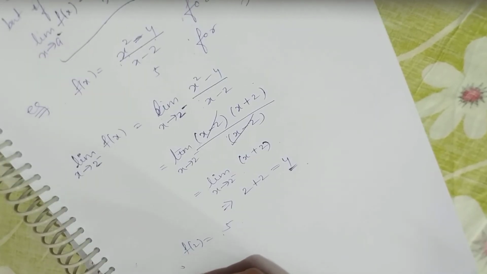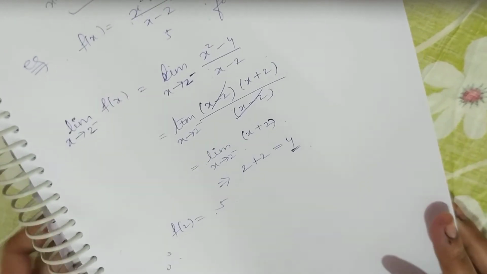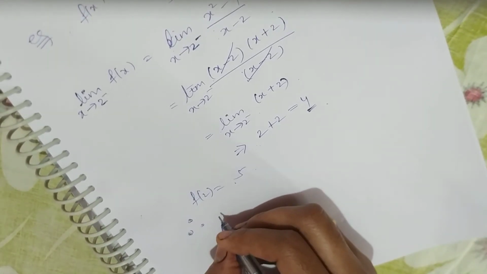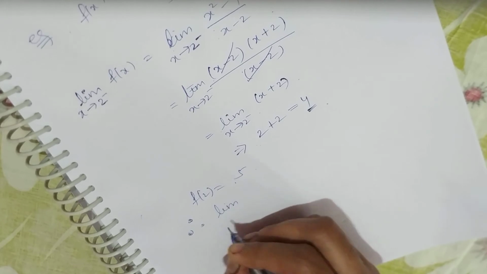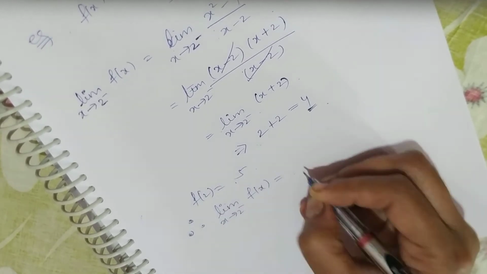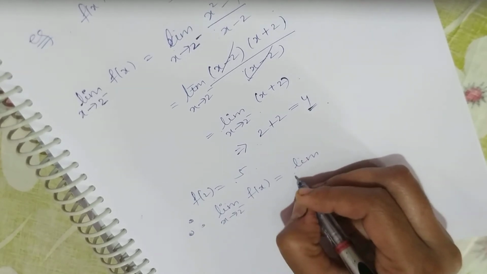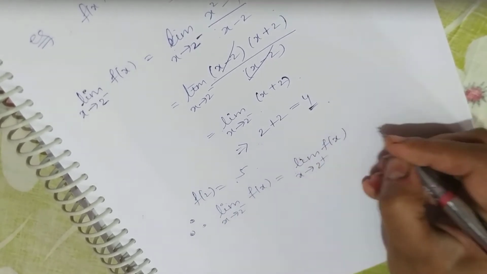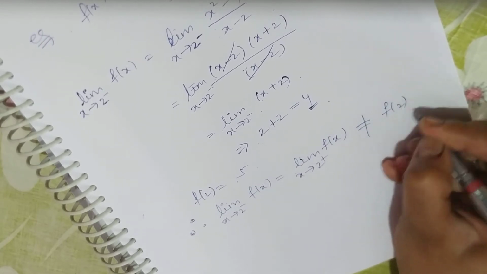Therefore, the left hand limit of the function is equal to the right hand limit of the function, which is not equal to f of 2.